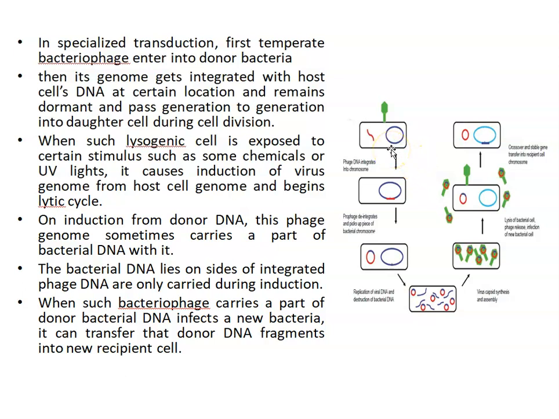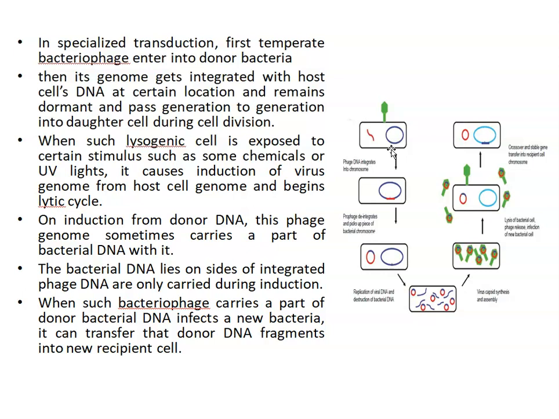Then its genome gets integrated into the host cell DNA at certain locations, remains dormant and passes from generation to generation, right? When such lysogenic cells are exposed to a certain stimulus, like some chemicals or UV light, it causes induction of the virus genome from the host cell genome and begins the lytic cycle.